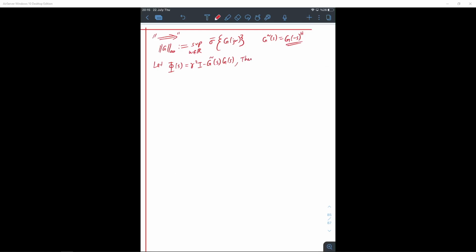Then gamma if and only if greater than 0 for omega in reals, right?